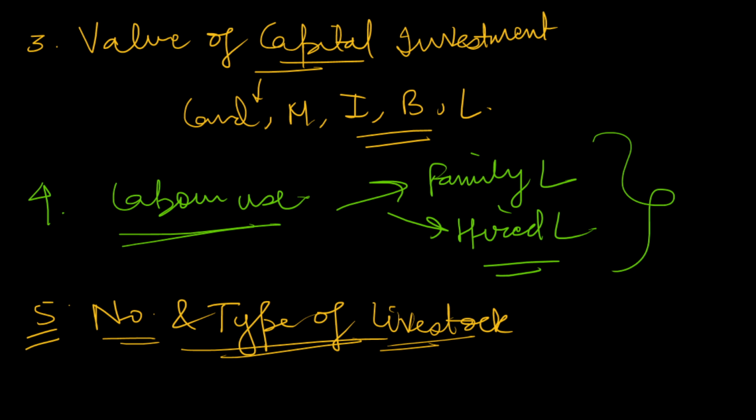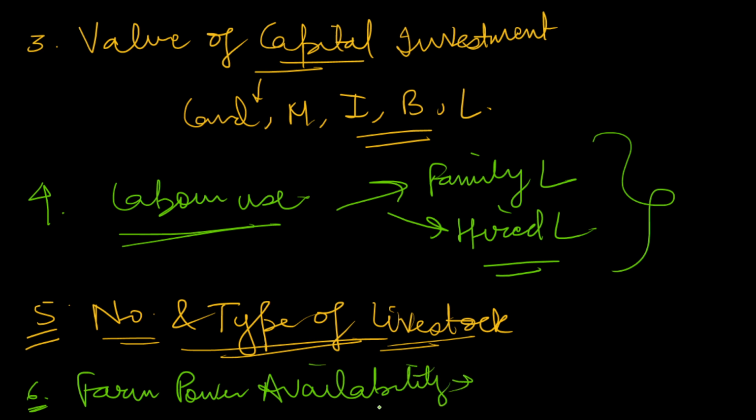Obviously, next you can mention farm power availability. Farm power is an important component. If there is less power, it will affect our business, obviously. So you should know how much power the farm is using, how many kilowatts per hectare.